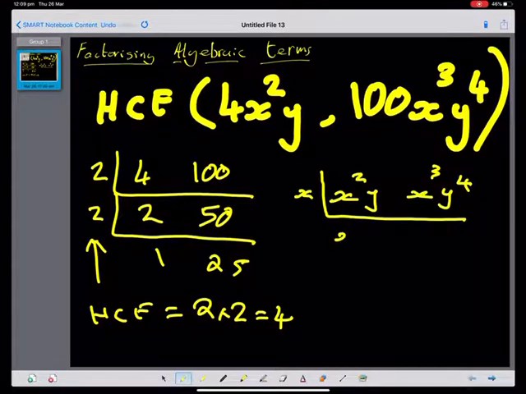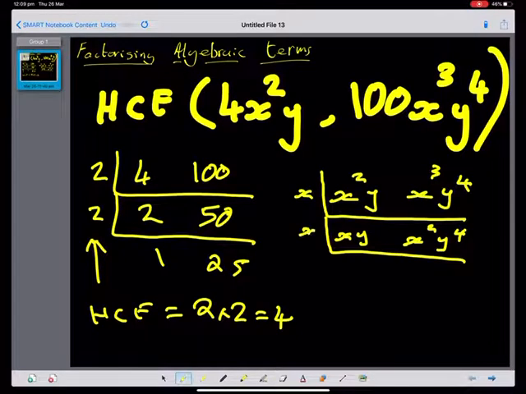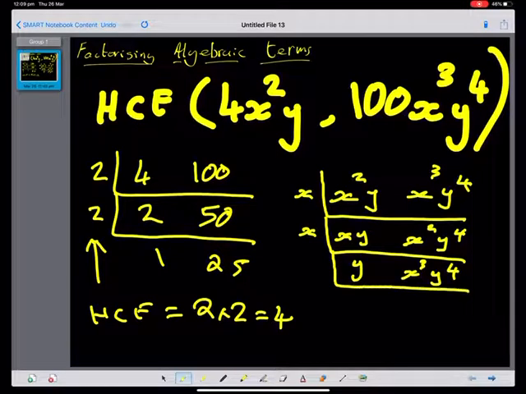There we get x y and x squared y to the 4. Divide by x again to get y and x cubed y to the 4. Can't divide by x again, but we can divide by y to get 1.